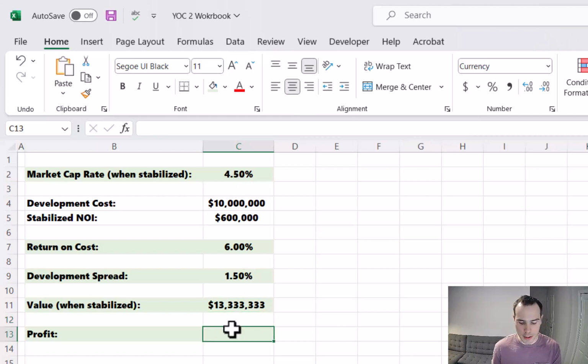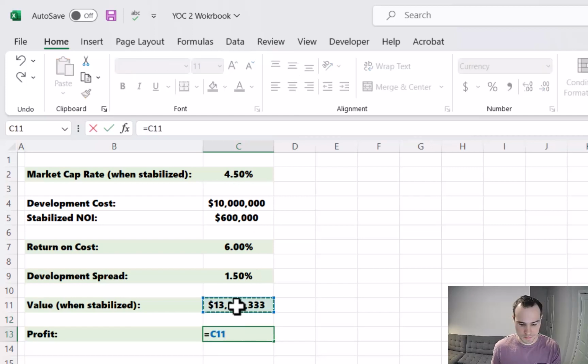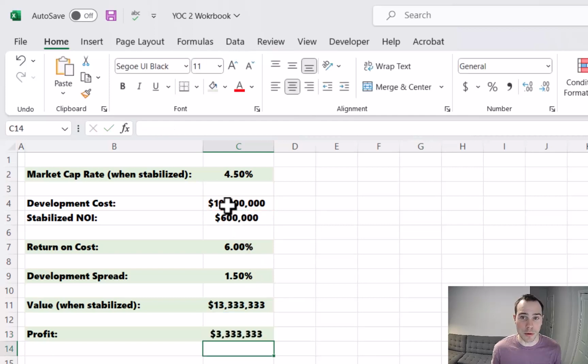If you could sell the project for $13.33 million, you'd be in line to make a profit of about $3.33 million. Knowing that the return on cost here is 1.5% higher than the market cap rate is a good indicator that the deal is probably going to be successful, assuming that the market fundamentals don't change too significantly before you sell.